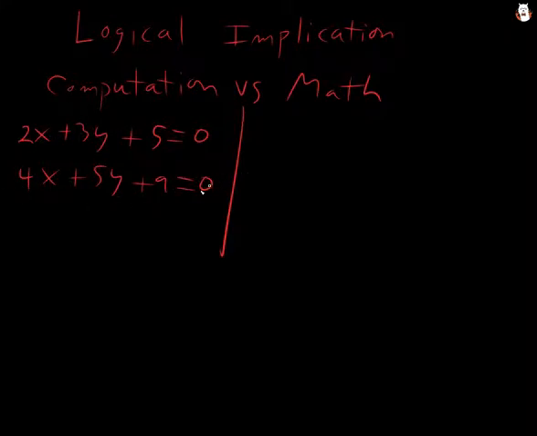Something like this, right? We'll go through a process and ultimately find out that both x and y must be minus 1. We're computing the values of x and y. So our result gives us an output of numbers, just like this.